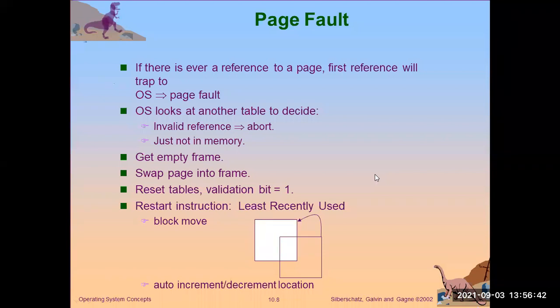Now this is the definition of the page fault model. The page is referred to, and the first reference will go back to the operating system. Now we go to page 4, and the operating system will decide whether it is a valid reference.